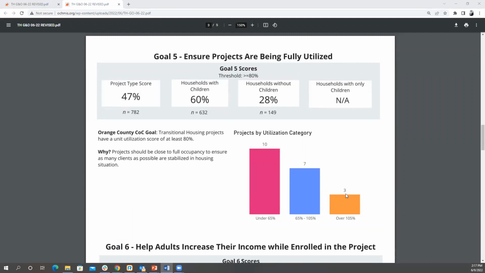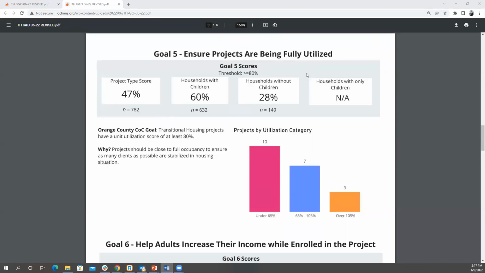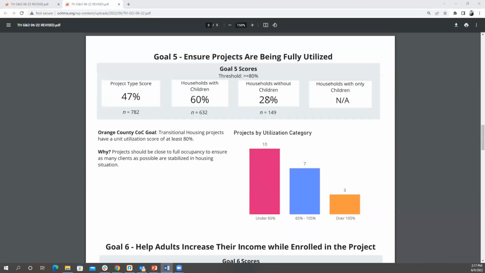Unit utilization. So this is going back to what I mentioned before about unit utilization being on the decline. Households without children utilization is very low compared to households with children, which is about normal. I was also wondering, I think it depends on the transitional housing project and how it's set up.